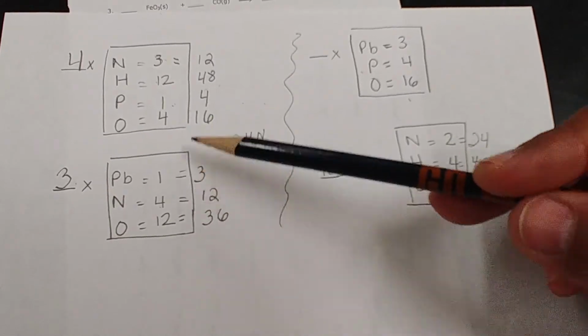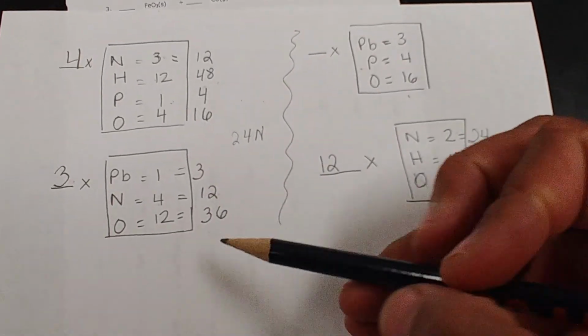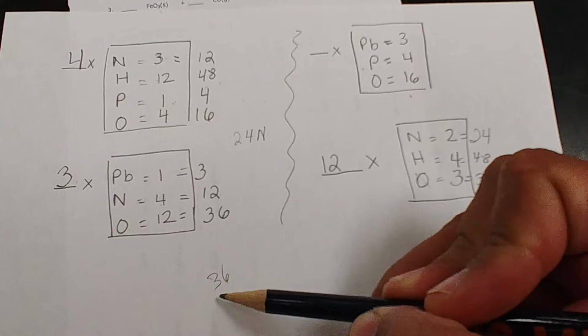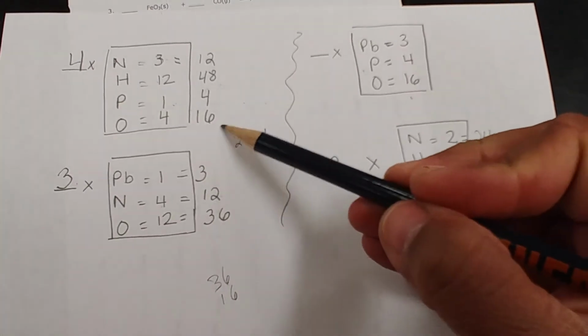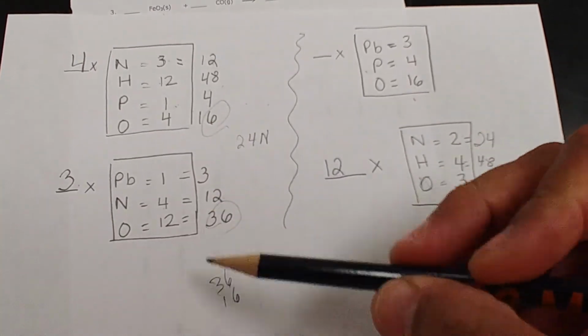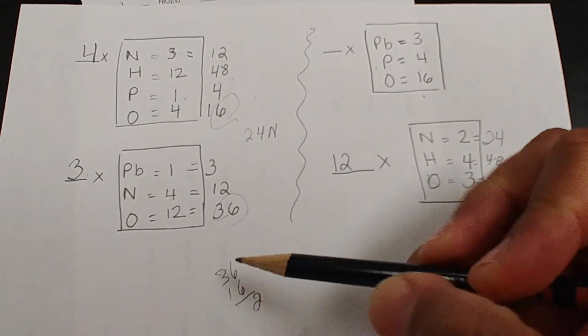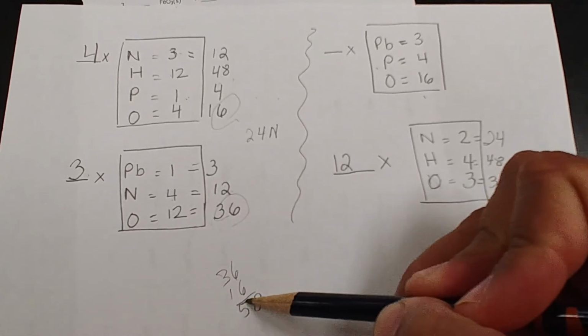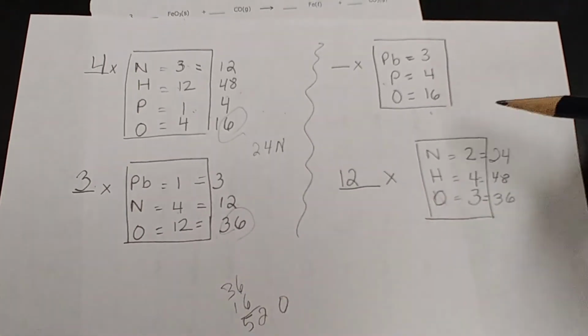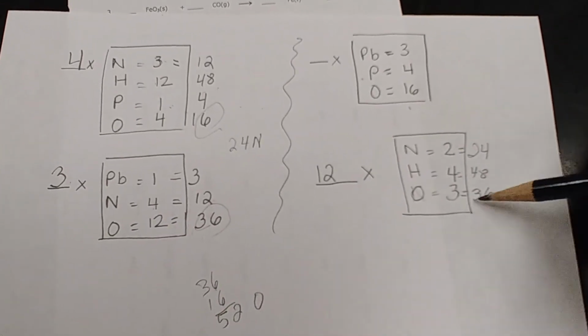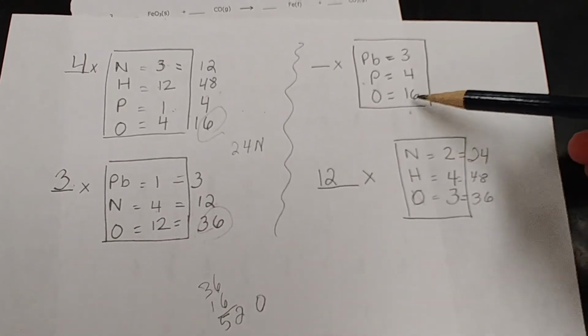There's 2 oxygens on this side, so what I do is I add the 36 and the 16, which I have here, because I want a grand total of it. Okay, that's going to give me 52 oxygens. If I look on this side, I have 36 and 16.